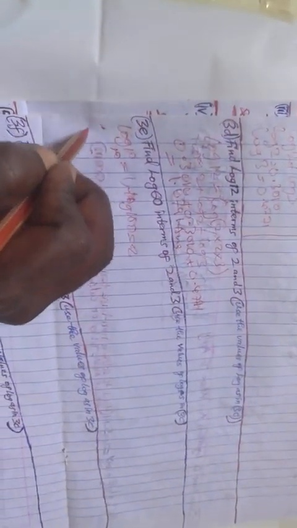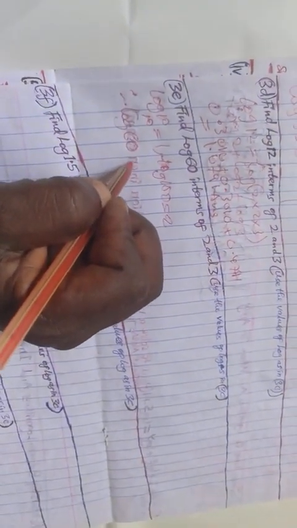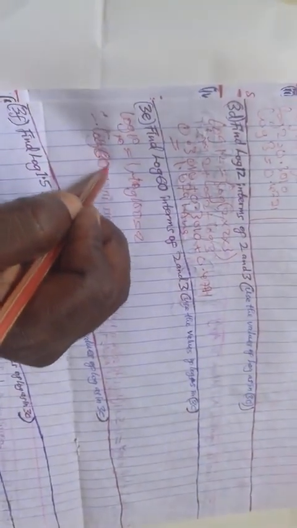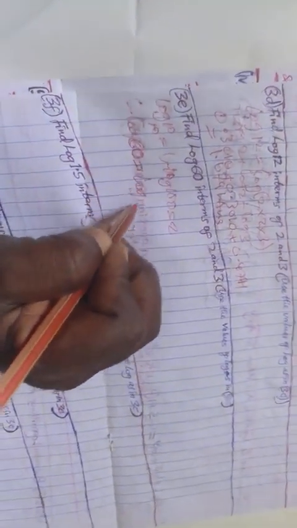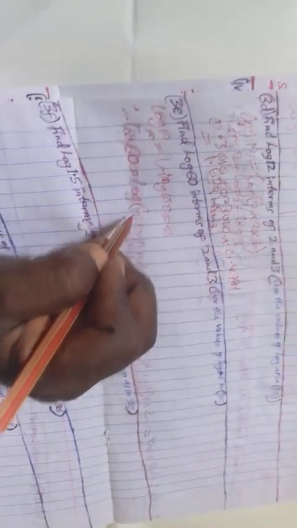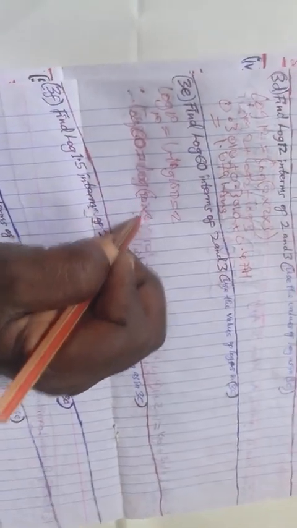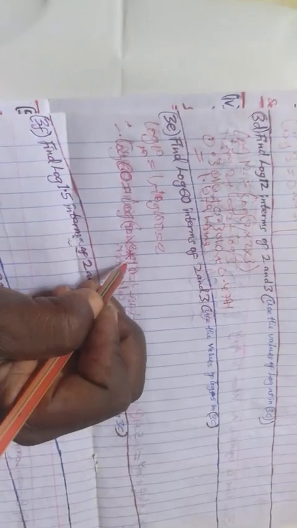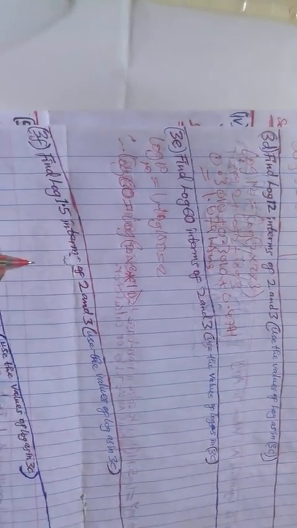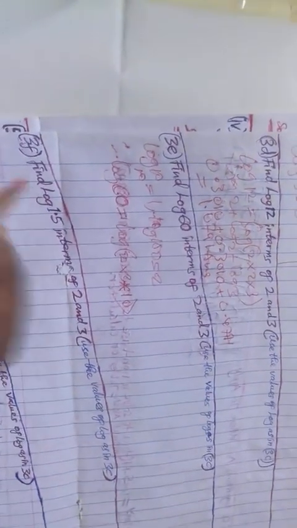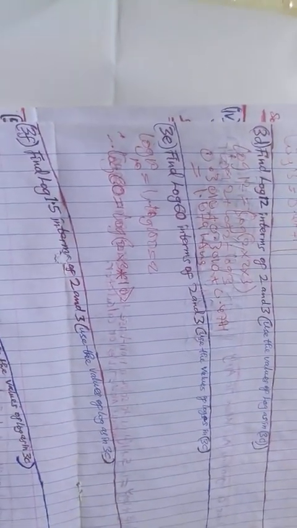Therefore log 60 can be written as log of 2 times 3 times 10. But we know that addition goes with multiplication while division goes with subtraction.